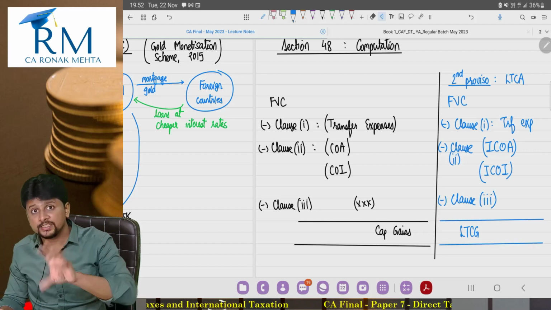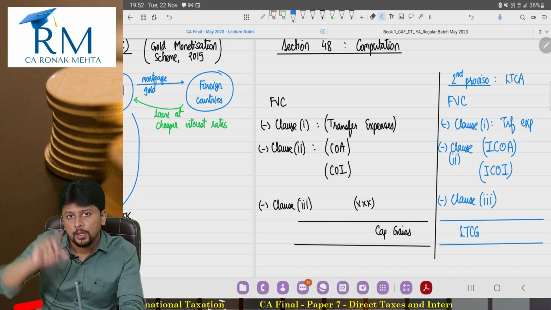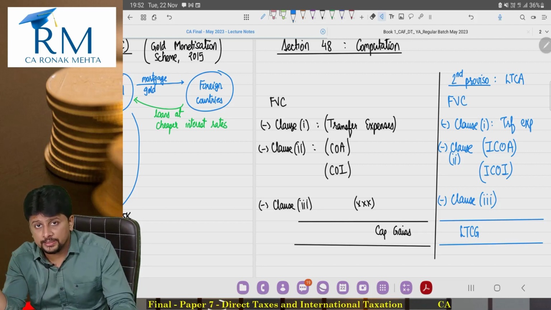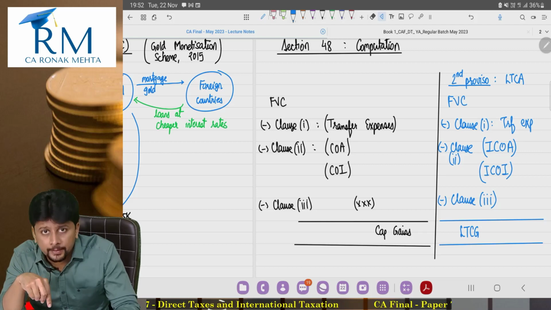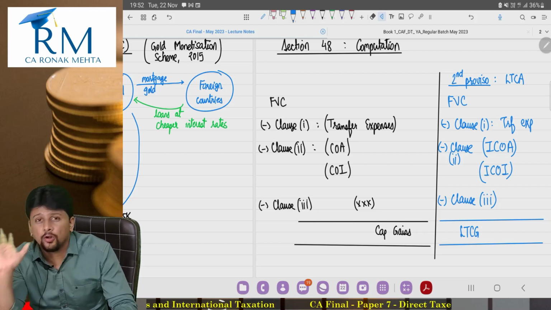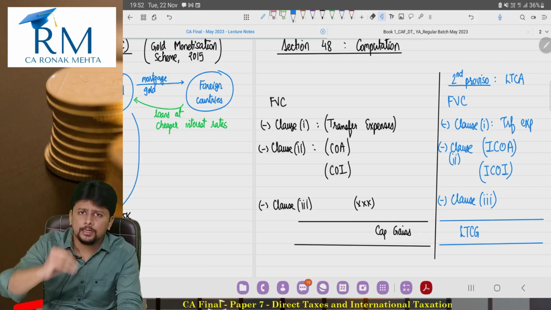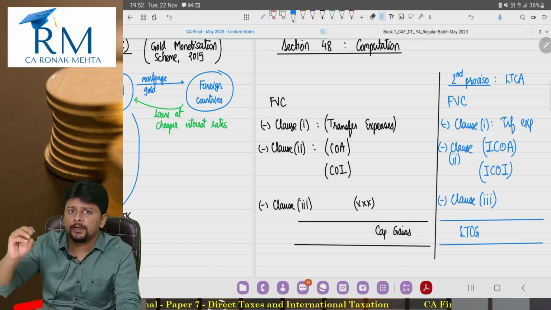So guys, now understand one more common sense thing. If the second proviso is talking about a long-term capital asset giving you long-term capital gain, it means that it is specifically for long term, and section 48's initial wordings were income chargeable under the head capital gains.